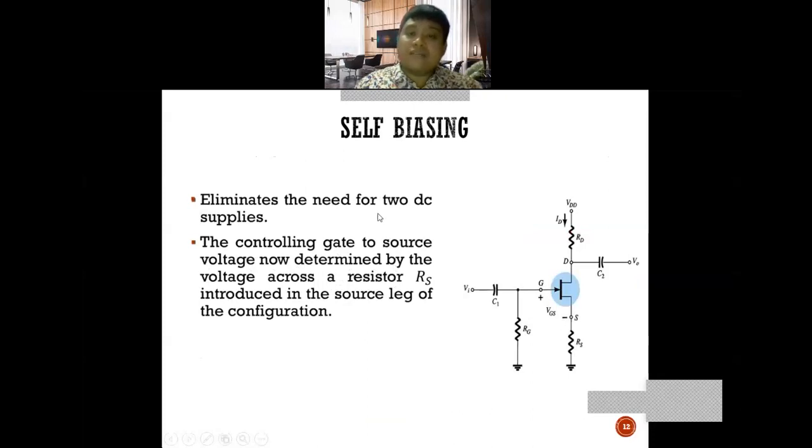Self-biasing eliminates the need for two DC supplies. To simplify, you treat the capacitor here as an open circuit. The controlling gate to source voltage is now determined by the voltage across RS introduced in the source leg of the configuration. Fixed bias has no resistance at the source, but self bias has a resistor at the source.